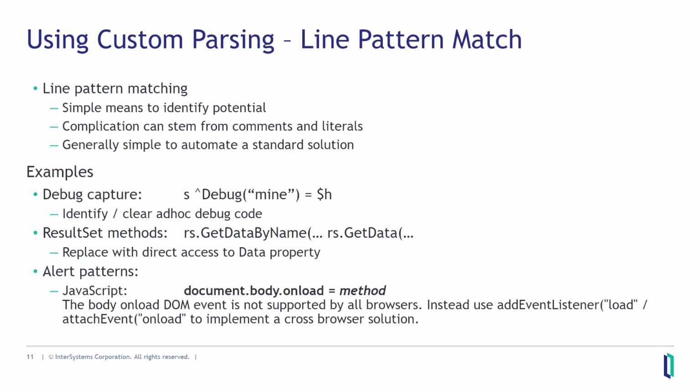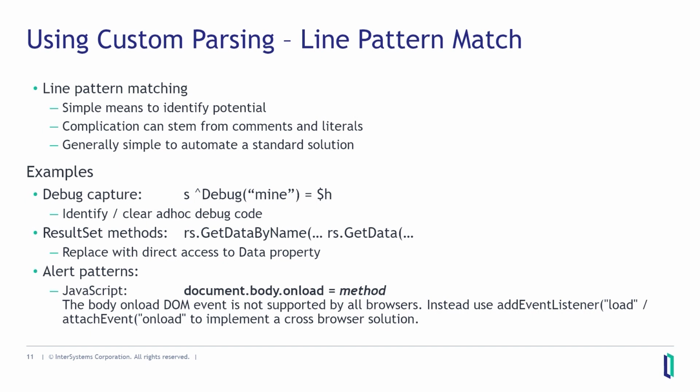Then if you go a little bit further, then you have to write a bit more code. But what you can do is go down a block of code and just look at simple pattern matching, right? If there's anything that you can describe as a potential issue and you can put that into a pattern, then you can run down and identify that and alert the developer. So within TrakCare development, we often have people, while they're developing, just setting globals so they can see what's going on in terms of debug information.